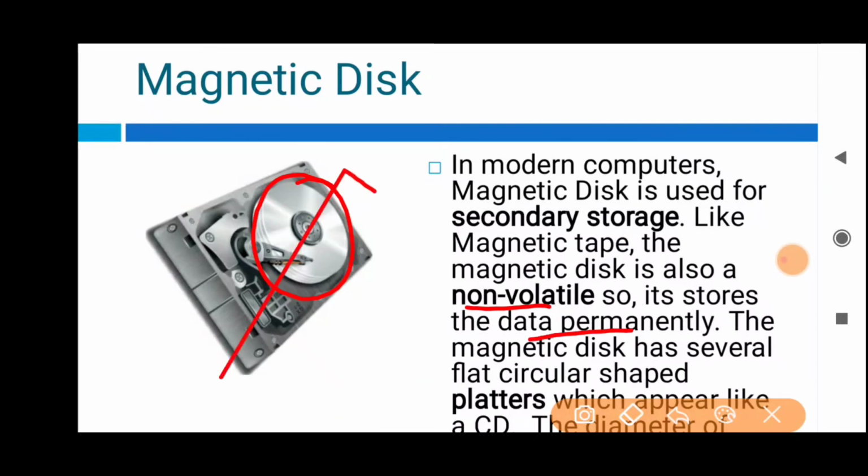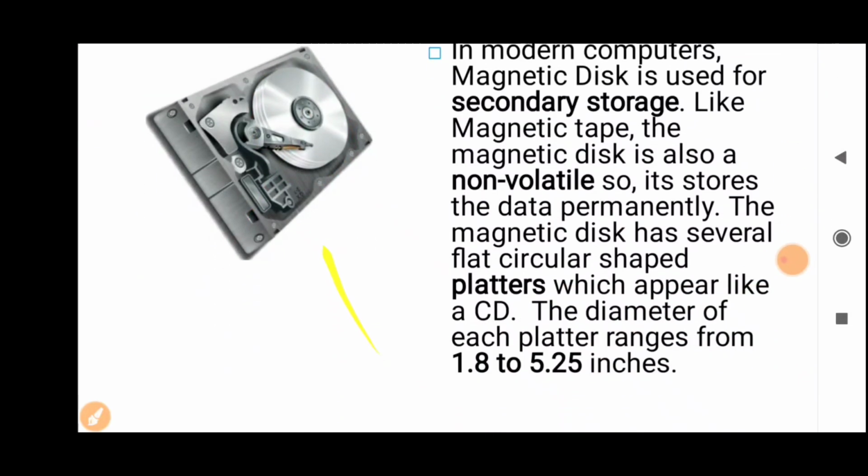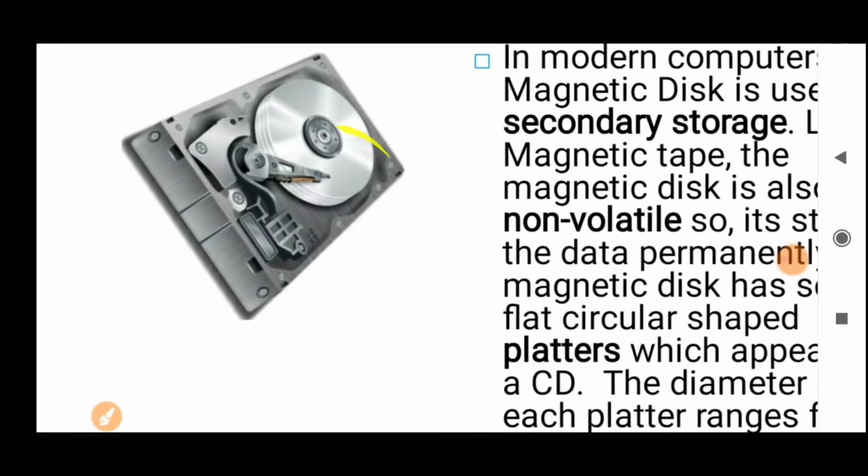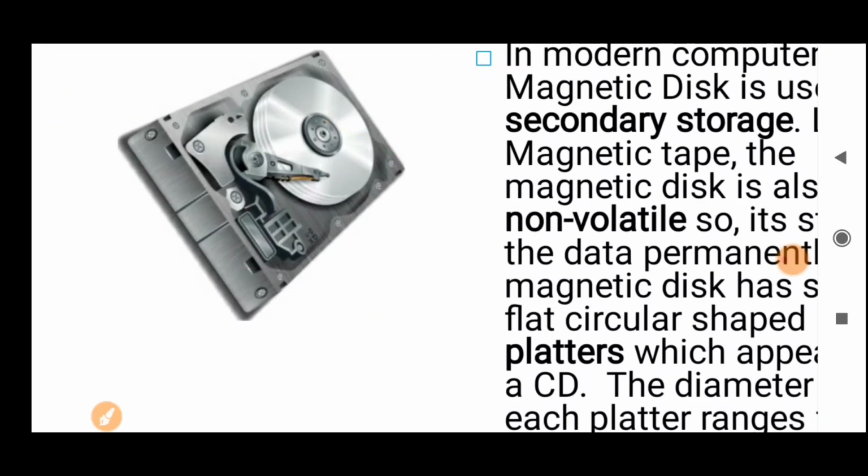You can see these platters look like a CD, and the diameter of each platter ranges from 1.8 to 5.25 inches. There is a read-write head which will be placed over the required platter, and then the required information can be read.